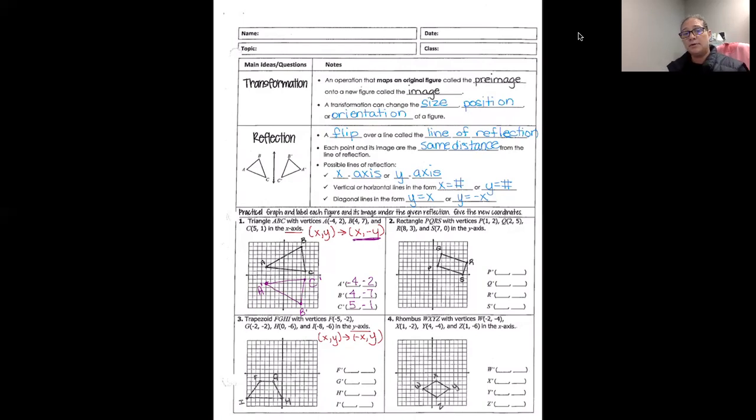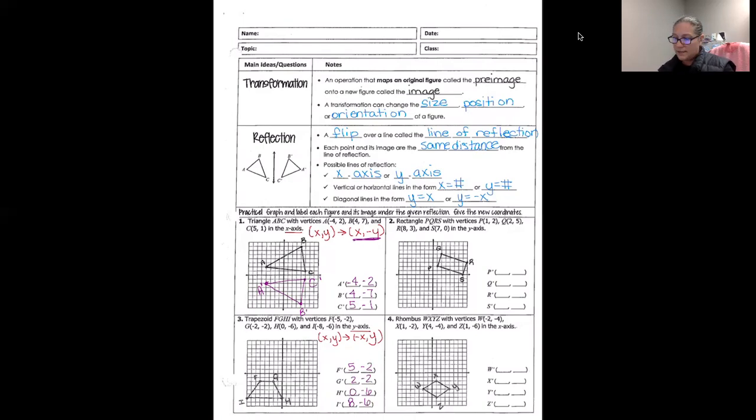As we look at problem number 3, we have a trapezoid drawn for us. We're reflecting over the y-axis. Notice the change. This time we change the sign of x and keep y the same. So (5, -2), (2, -2), 0 never changes sign, so that doesn't change, and then (8, -6).